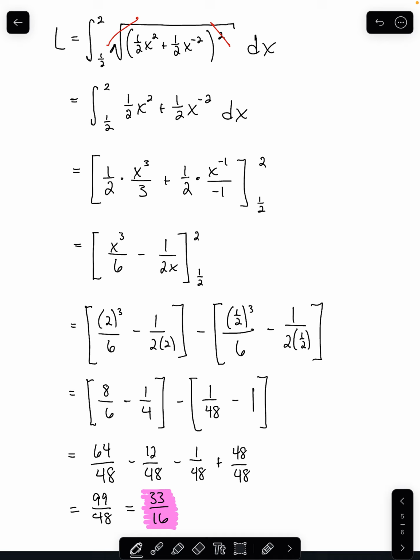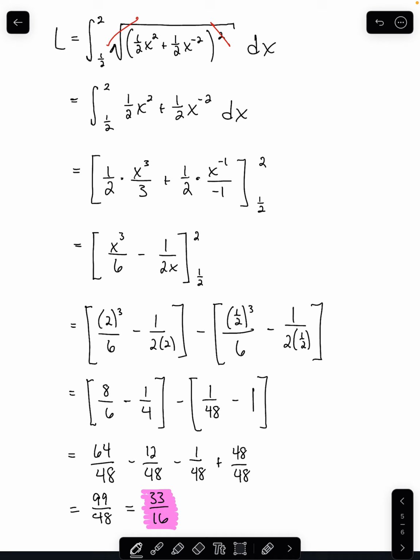We saw cases in the disk and washer versus the shell method, where because the nature of the formulas was different, integrating with respect to x might have resulted in a more difficult integrand, whereas converting it to be in terms of y would result in a simpler integrand. So there are times where that becomes necessary.